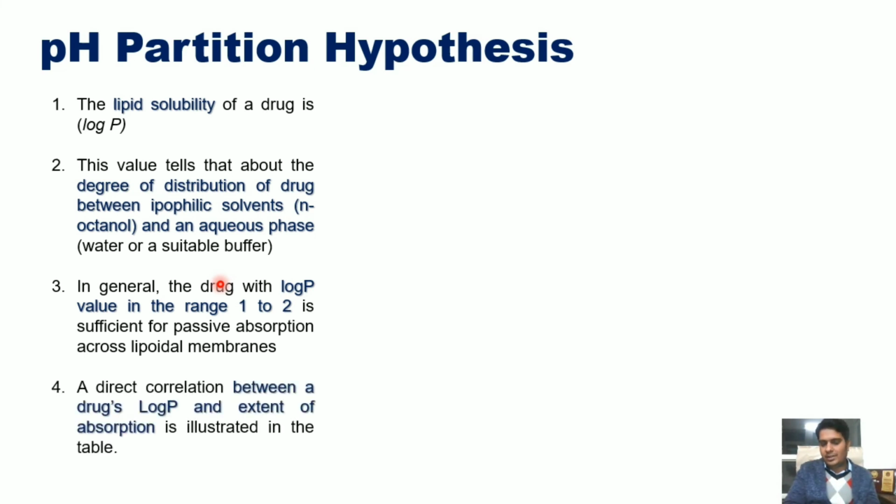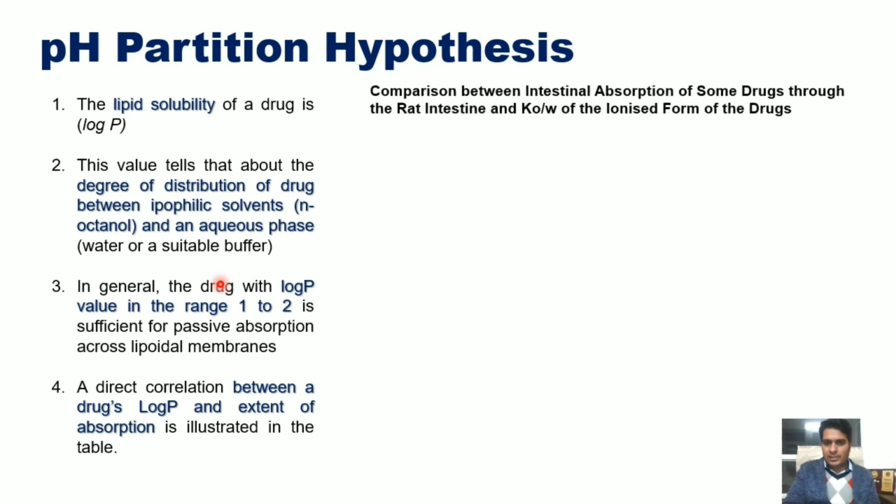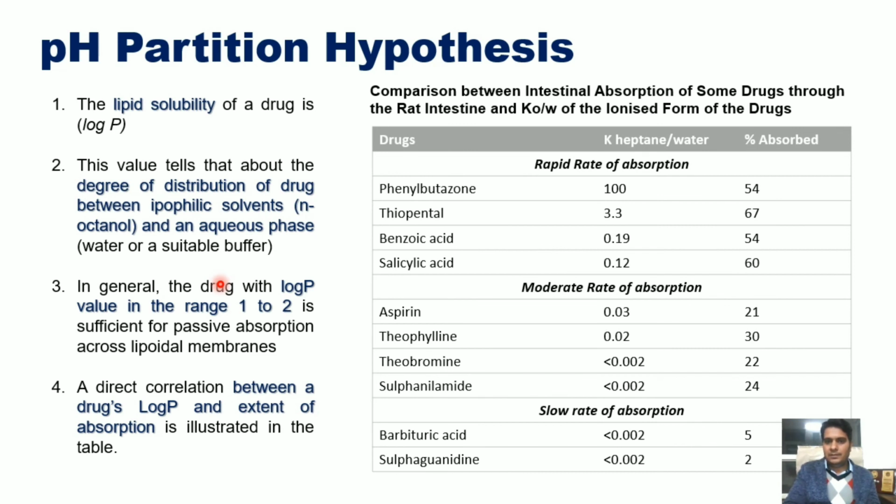Now, a direct correlation between a drug's log P and extent of absorption is illustrated in this table. You can see here the comparison between the intestinal absorption of some drugs through rat intestine and the K o/w of the drug. We see in this table that if the octanol to water partition coefficient of the drug is high, then absorption is very high, a rapid rate of absorption, as you can see here.